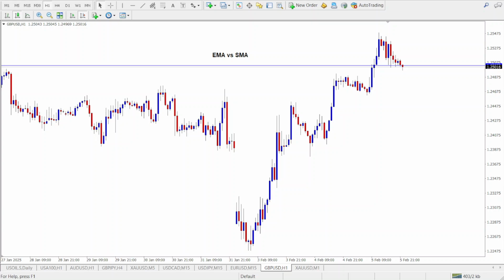If you're serious about improving your technical analysis, you need to understand how moving averages work and how they can impact your trades. So stick around, because by the end of this video you'll know exactly when to use the exponential moving average and when to use the simple moving average to maximize your strategy.